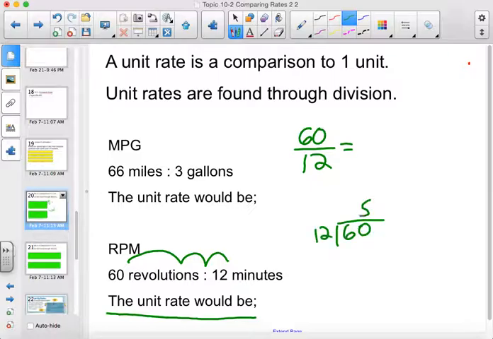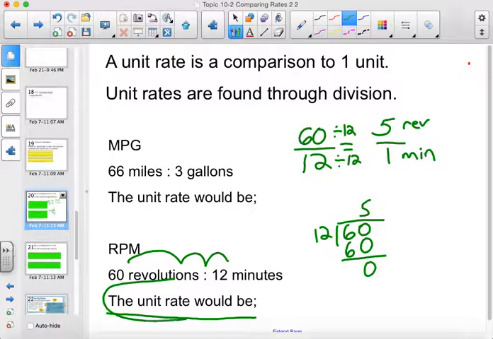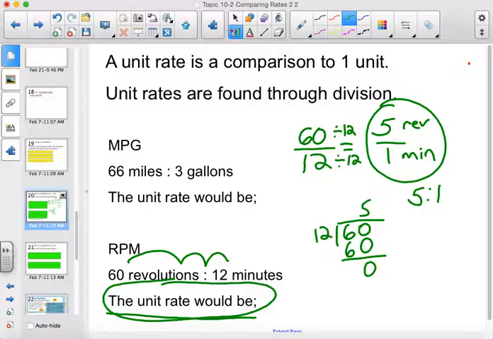We would be able to divide 12 by 12 to get our 1 unit, which would be 1 minute, and divide 60 by 12, and we would get 5, which would be our revolutions. So the unit rate for this ratio would be 5 to 1.